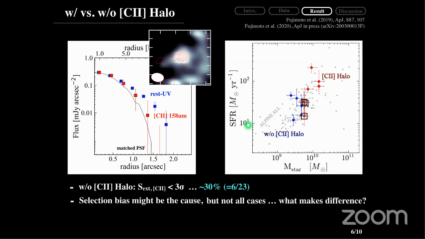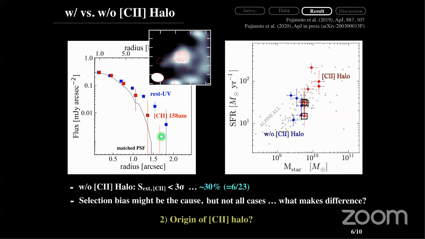And indeed, the left panel also shows that this object might be faint and have a larger error bar in the outer halo area, which makes it difficult to identify the C2 halo, but still the upper limit of the C2 line does not exceed the rest frame UV continuum profile. So these results suggest that absence or existence of the C2 halo cannot be explained by the selection bias alone.